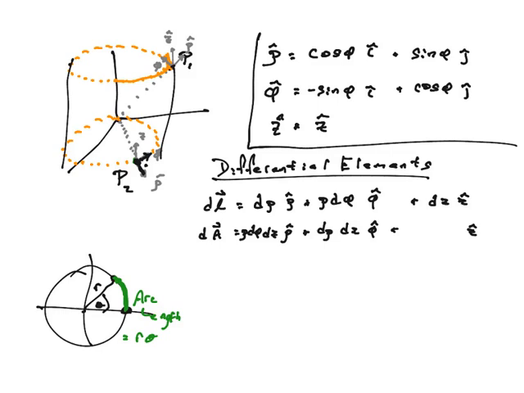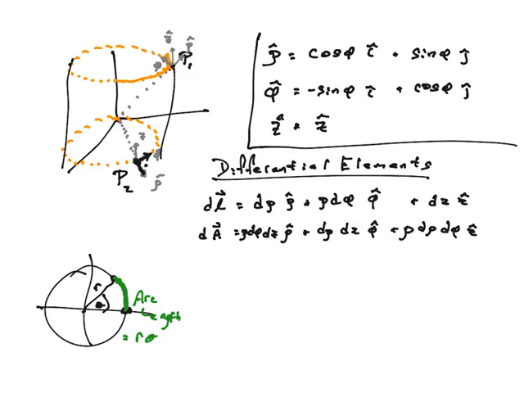I'm going to write it in a slightly odd order, but I like the rho out front from rho d phi, and then I have d rho d phi. Again, rho d phi is how much phi changed, and d rho is how much rho changed. And that's our differential area. So it's very easy to get this just by thinking, if I'm looking in this direction, what do the other two directions change, and I multiply them.